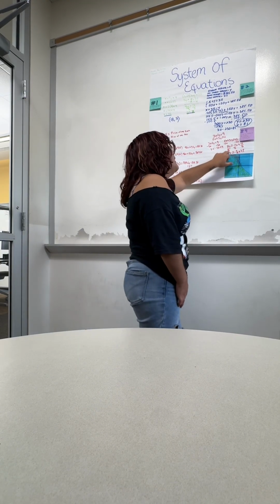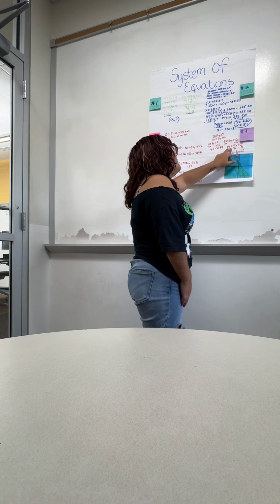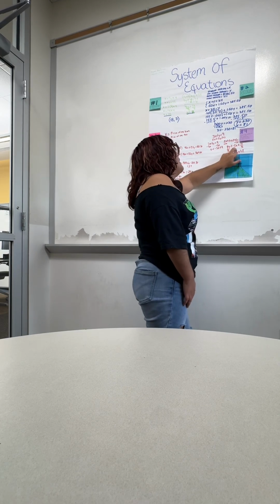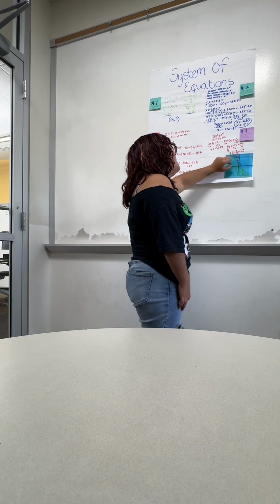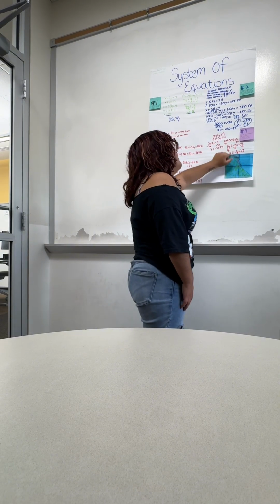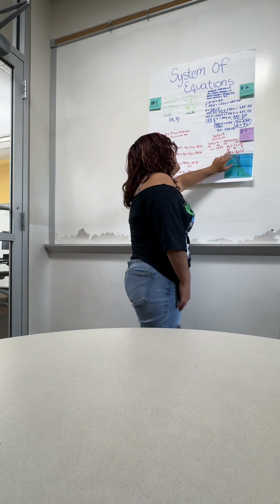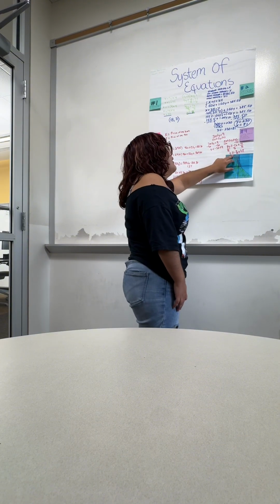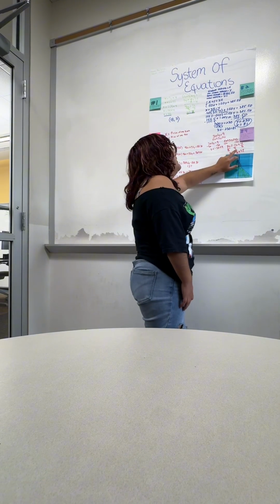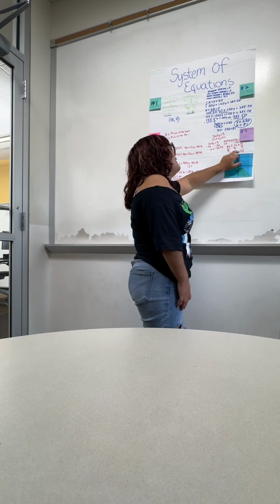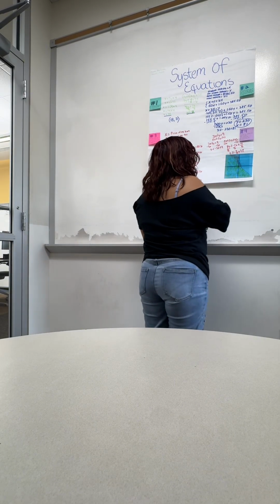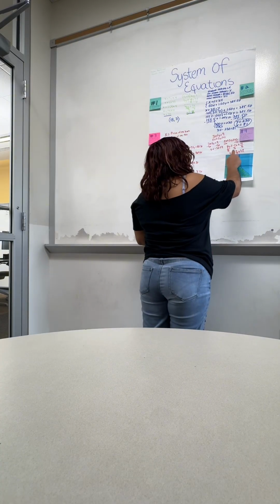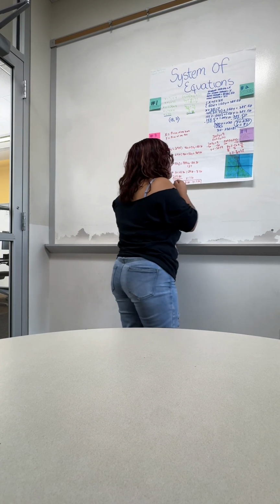And then it's going to be greater than or equal to negative 2x plus 10, and then we're going to divide it by 5 to get y by itself. And then when we get y by itself, it's going to be y greater than or equal to negative 2 over 5x plus 2.